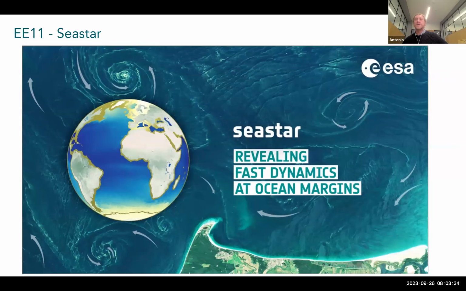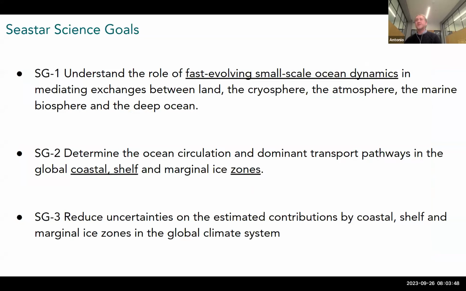And then which is the general aim here? I think this picture is very nice and makes a very good point. We want to reveal the fast dynamics at the ocean margins. When you look at the science goals, the very first one explains why this is relevant: resolving fast evolving small-scale ocean dynamics and mediating exchanges between land, cryosphere, marine biosphere, and atmosphere is something that is still not known in detail at all.